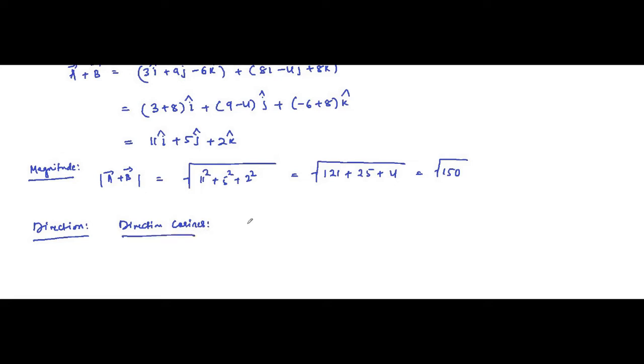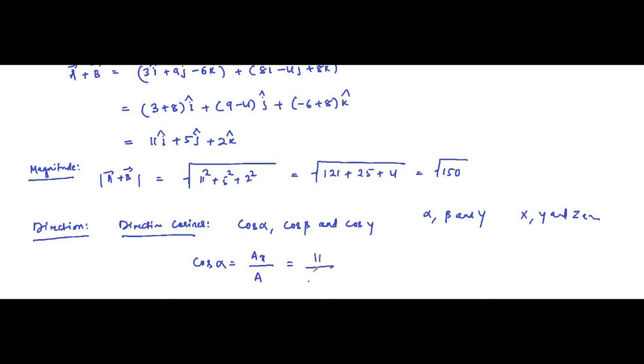So the direction cosines are cos alpha, cos beta and cos gamma, where alpha, beta and gamma are the angles which A vector plus B vector makes with the x, y and z axis respectively. So cos alpha is the x component of the vector divided by the magnitude, which is equal to 11 by root over of 150.